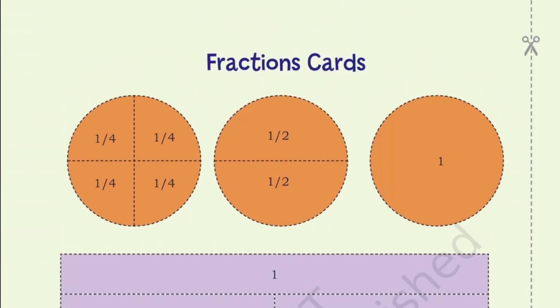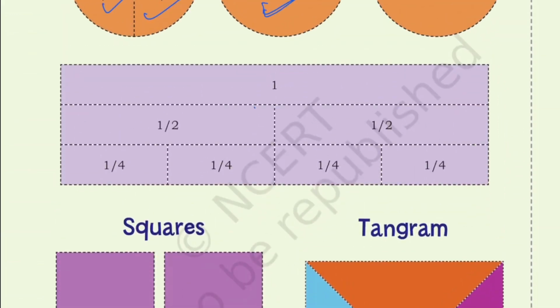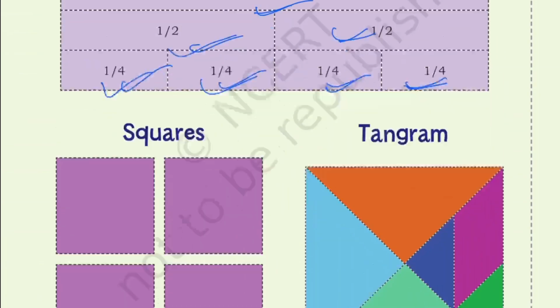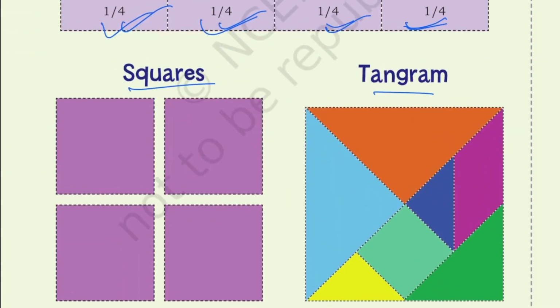Here fraction cards are shown by numbers, that is 1/4, 1/4, 1/4, 1/4, or quarter, half, half, or 1/2, 1/2. This is 1, or complete. Similarly, 1 complete, half, half, or 1/2, 1/2, and 1/4 quarter, 1/4 quarter, 1/4 quarter. A square ten-gram.